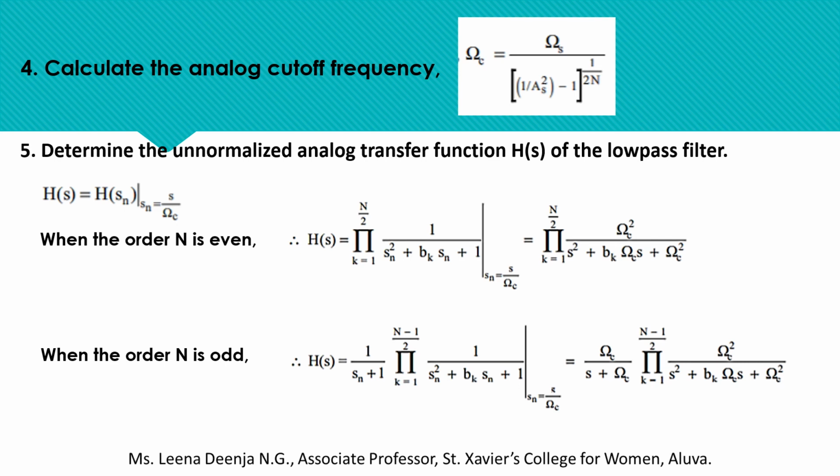And when N is odd, H of s equals 1 by (Sn plus 1) times the product, k equal to 1 to (N minus 1) by 2, of 1 by (Sn square plus bk Sn plus 1) at Sn equal to s by omega c, which equals omega c by (s plus omega c) times the product, k equal to 1 to (N minus 1) by 2, of omega c square divided by (s square plus bk omega c s plus omega c square).